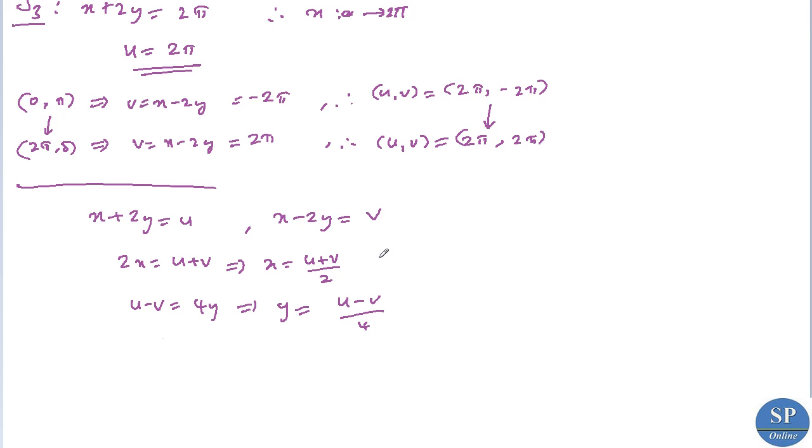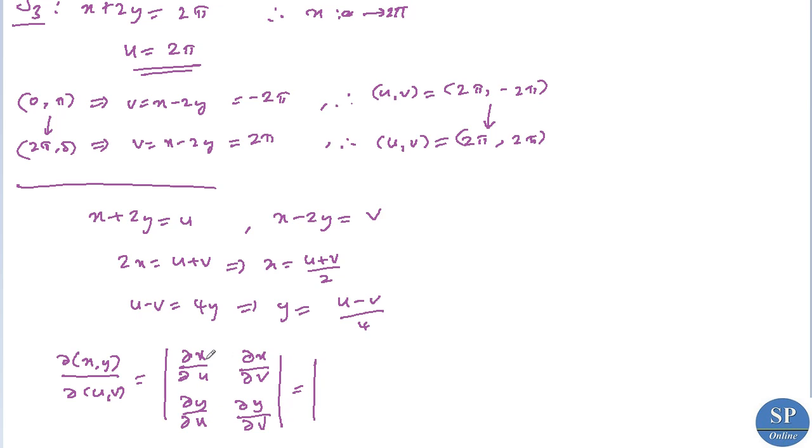Okay, so now we can find the Jacobian matrix, dou xy divided by dou uv. We know this is nothing but the determinant of dou x by dou u, dou x by dou v, dou y by dou u, dou y by dou v.